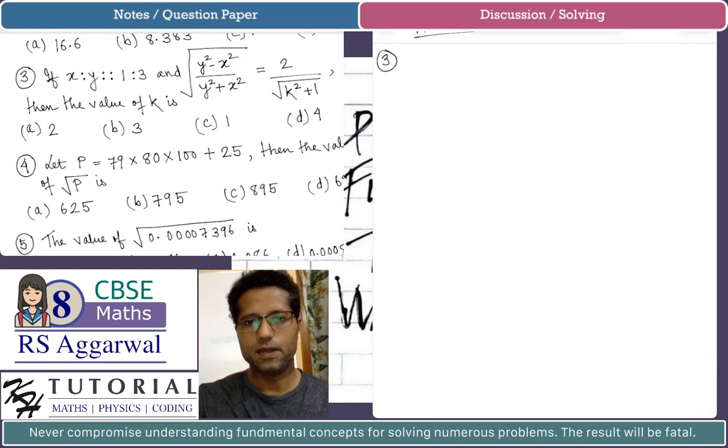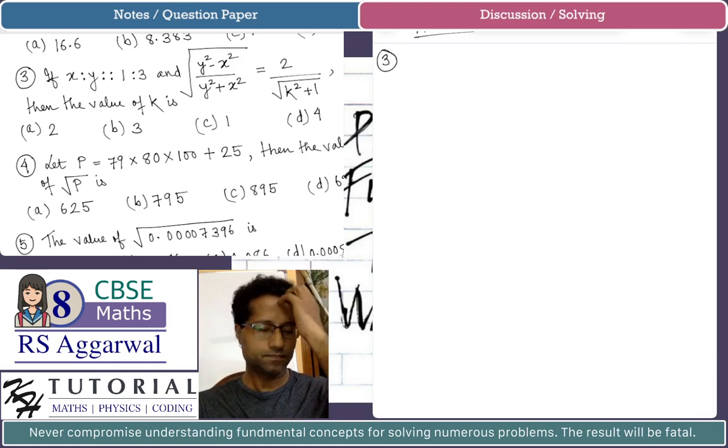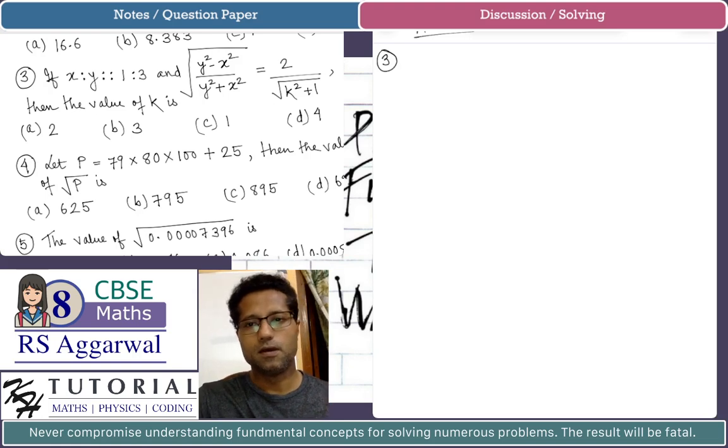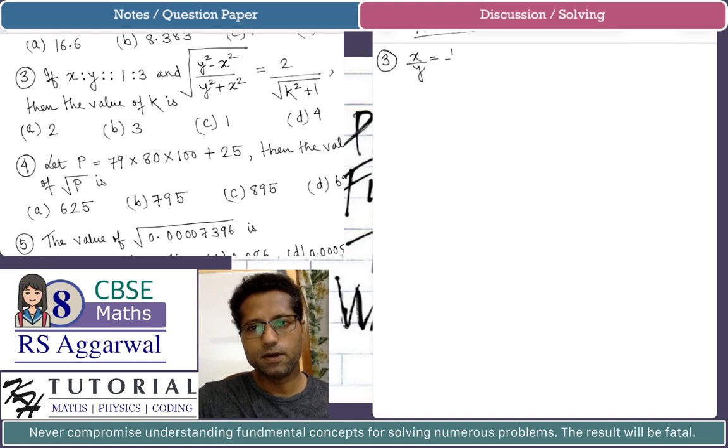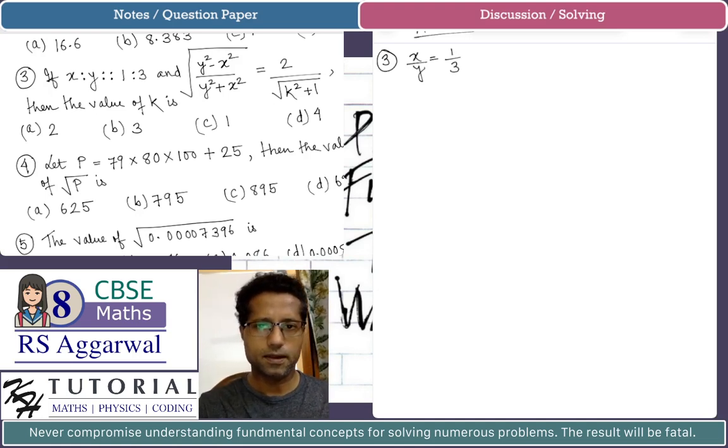It is given that x is to y is proportional to 1:3. That is, basically x by y is equal to 1 by 3.